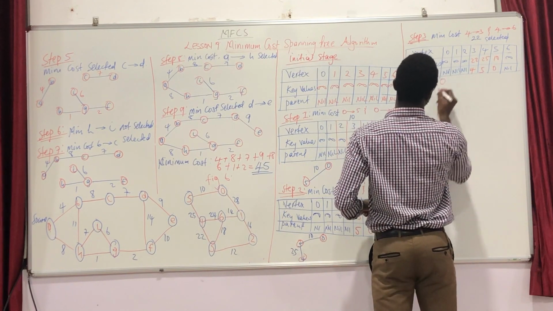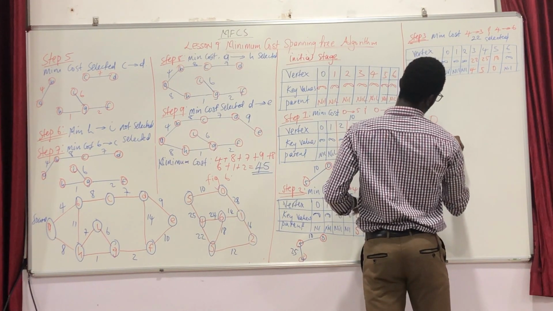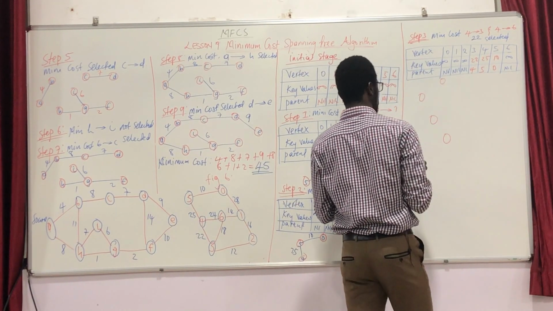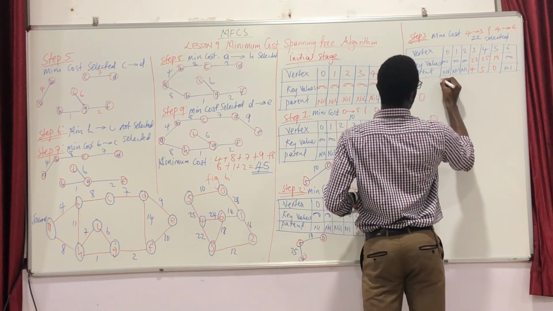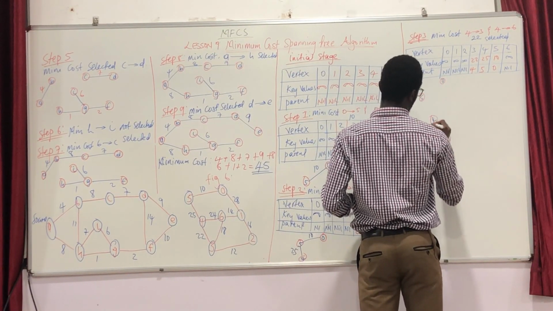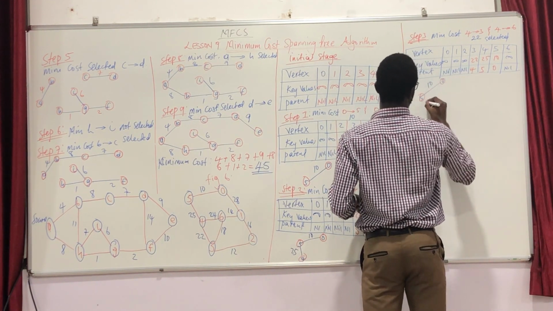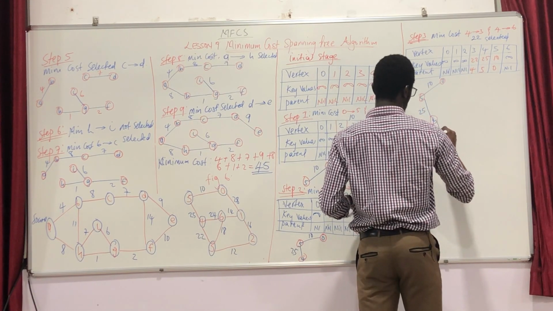Start from 0 to 5. We have here 4, and we have here 3. So here is 0, here is 5, here is 4, here is 3. Here we have 10, here we have 25, here we have 22.